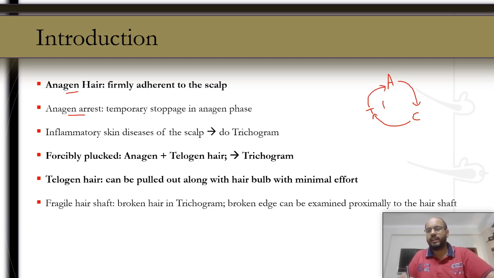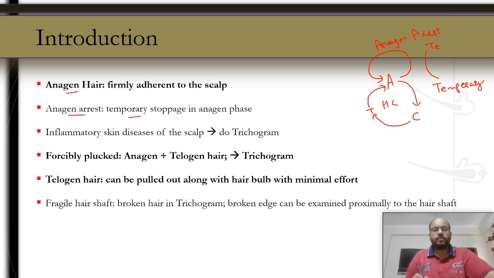So that is the hair cycle. This is a normal cycle, but sometimes when the hair shaft is in anagen, it can undergo an arrest and stop for some time. This is known as anagen arrest, and this is temporary. So anagen arrest is a temporary stoppage in the anagen phase.